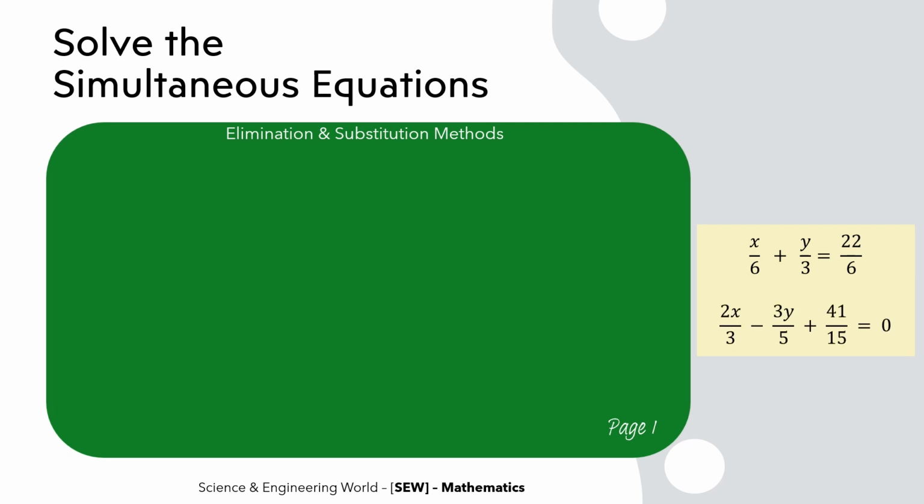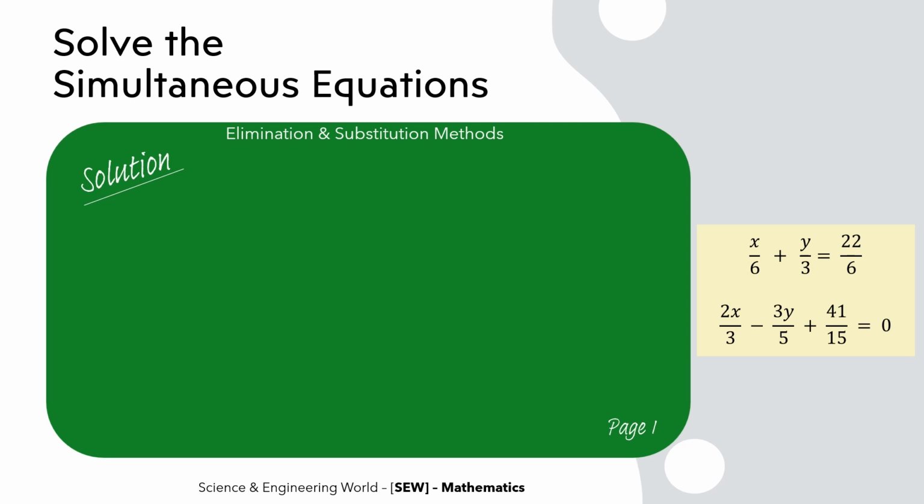So with this expression here, we can take the two of them together and solve for the values of x and y with simultaneous equation involving elimination and substitution methods. The two expressions as they are might look a little bit complex because of the fractions involved. However, they're very simple. So let us go into the solution.